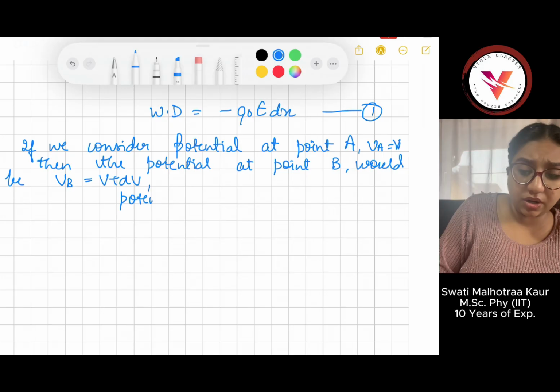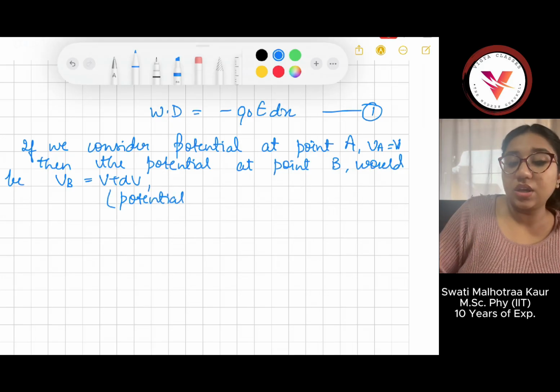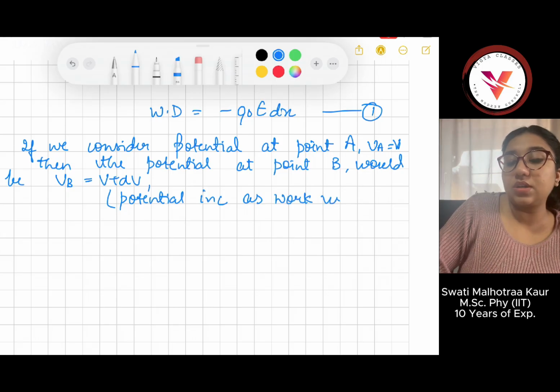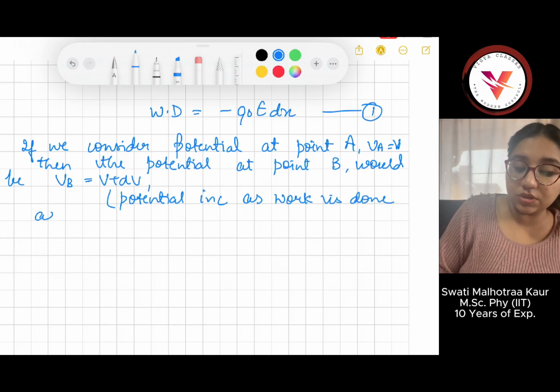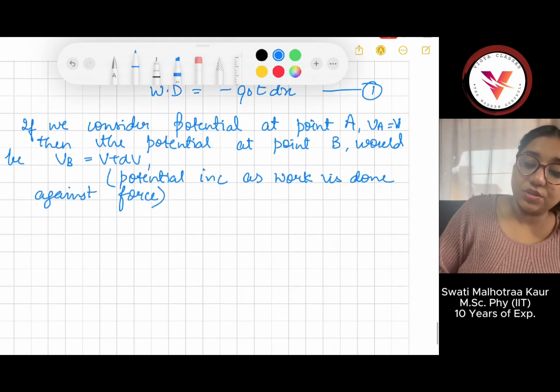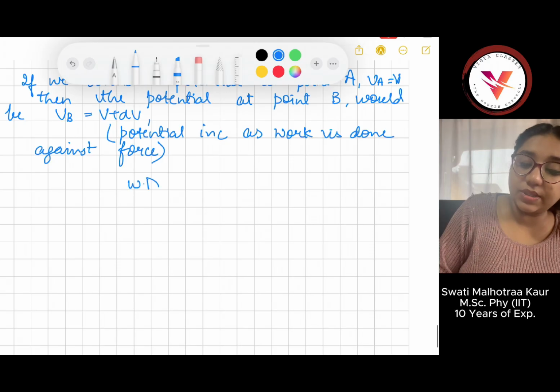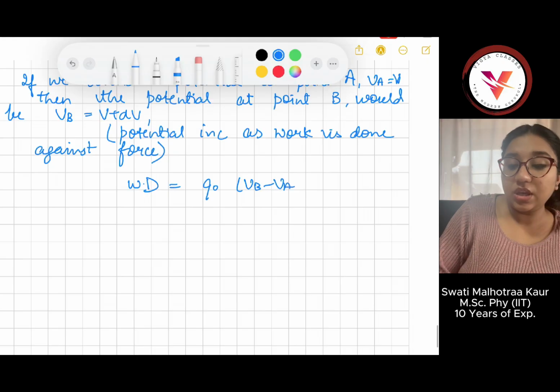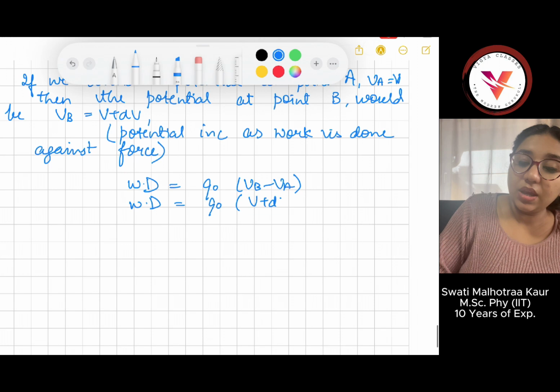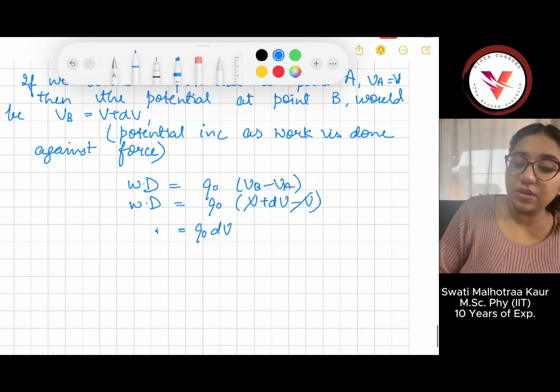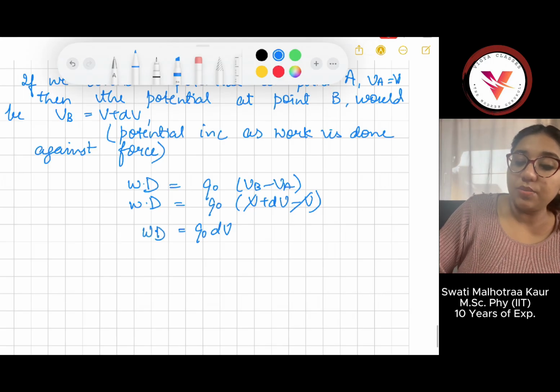If you have understood, then it's fine. So here that work done is basically equal to Q naught times final minus initial, that is VB minus VA, and VB is V plus dV minus V, so V cancels, then it would be Q naught dV work done. Okay, put it as equation 2.